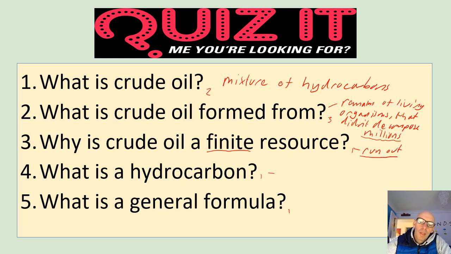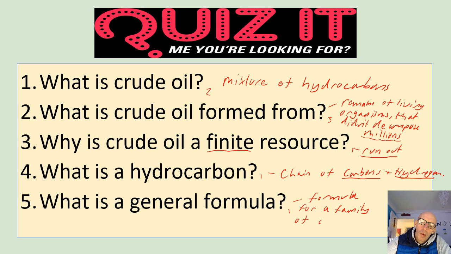What is a hydrocarbon? It's a chain of carbons and hydrogens, there's no other elements there, it is just carbon and hydrogen. And what's the general formula? It's a formula for a family of organic compounds.